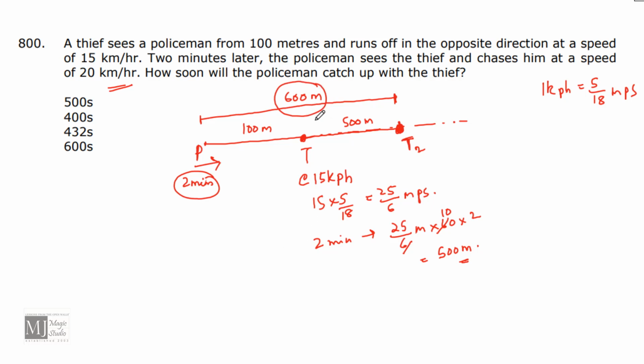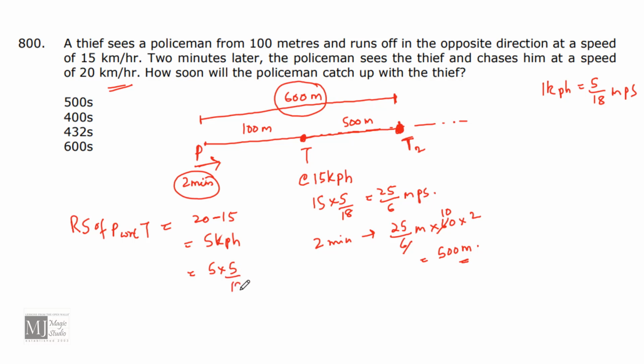Since P and T both are running in the same direction, relative speed of P with respect to thief would be 20 minus 15, that is 5 kph.